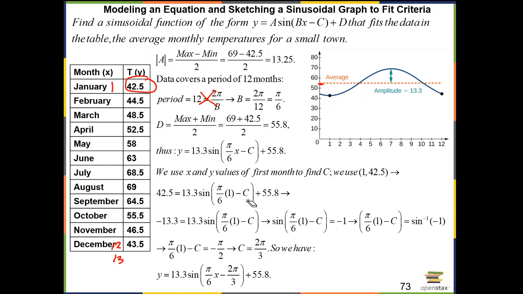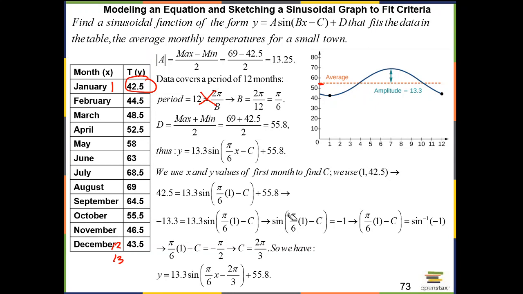So we just have to find C, and to find C, we use the first point, 42.5 for Y and 1 for X. If you follow it, you see that we end up with sine of that equals negative 1. So what do we get?